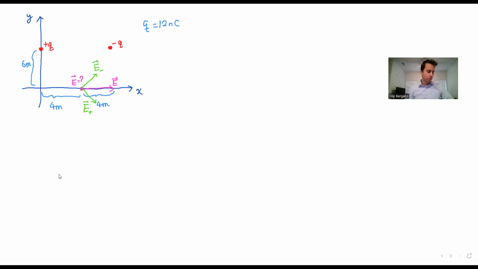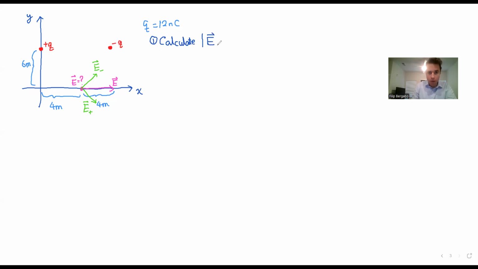Okay, so let's think about how we would calculate this. And here is a step-by-step method that I would use. This is sort of similar to the methods we've been using before, where Coulomb's law is really useful for helping us to calculate the magnitude of an electric field, but the direction is where we end up needing to draw triangles, right? So let's start by calculating the magnitudes.